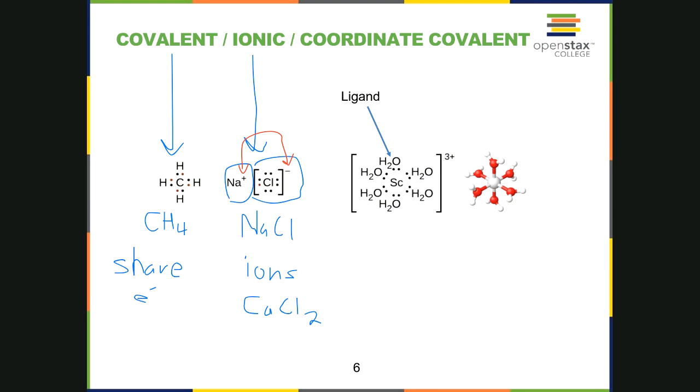And then over here for our CH4, we can draw a Lewis structure of that, and we can see how the electrons are being shared to hold that together. So for those two, it's pretty easy to figure out what the arrangement's going to look like. But when we get into coordination chemistry, things get a little weird.